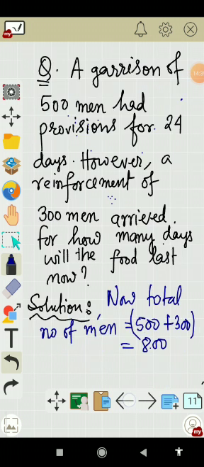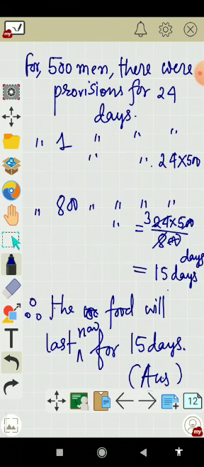So students, I am repeating again what the question was here. A garrison of 500 men had provisions for 24 days, and however a reinforcement of 300 men arrived. For how many days will the food last now?